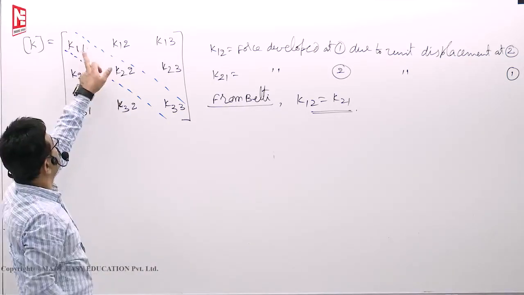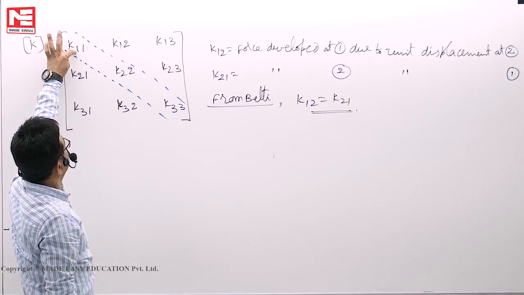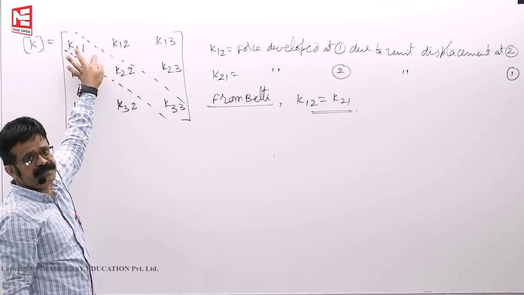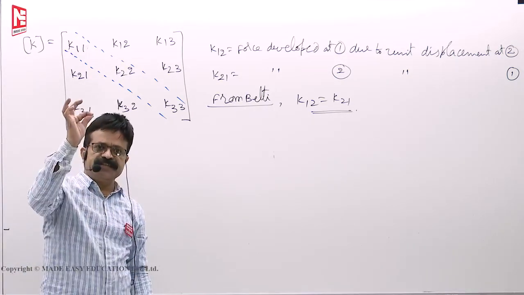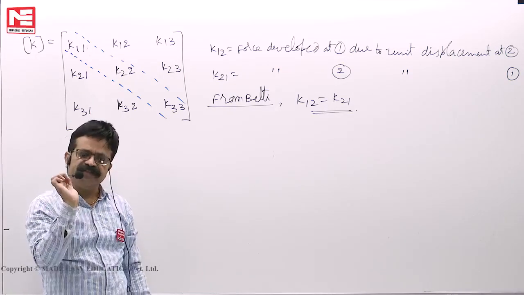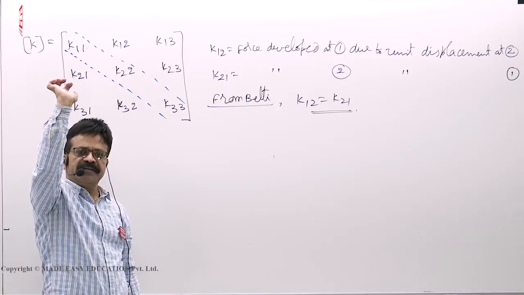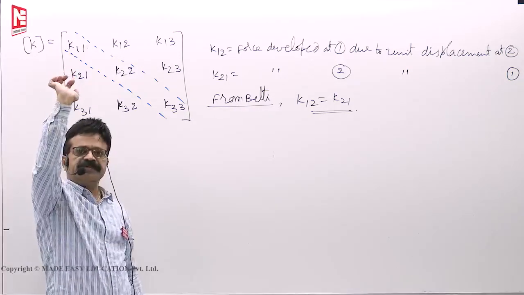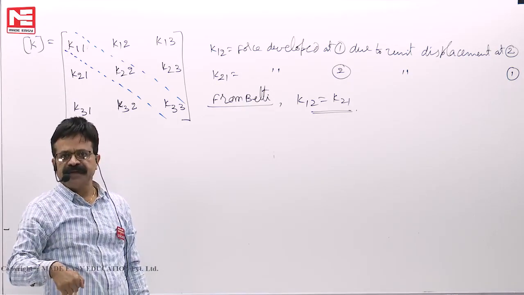Why like that? K11, force at coordinate 1 due to unit displacement at 1. In a structure, if you give unit displacement at coordinate 1, say, how will the force direction be? If you are holding and lifting the beam up, then you have to lift it up. When you lift it up, it will not go down, right?